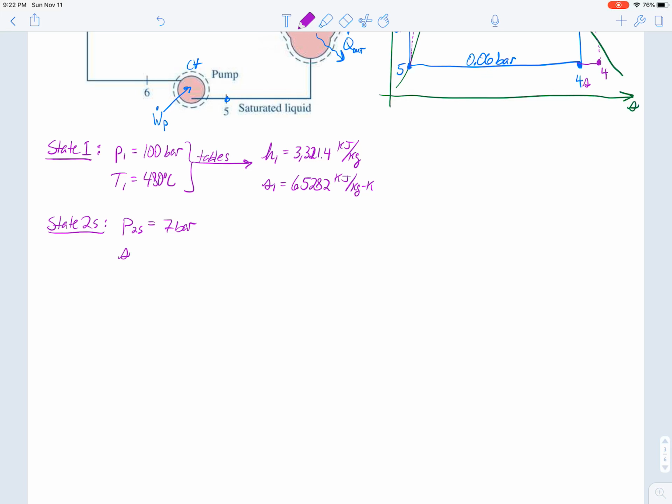And I know that the entropy at state 2s is equal to the entropy at state 1. I have two independent properties. I can go to the tables at this point, and I can find that my enthalpy at state 2s is equal to 2,684.8 kilojoules per kilogram.